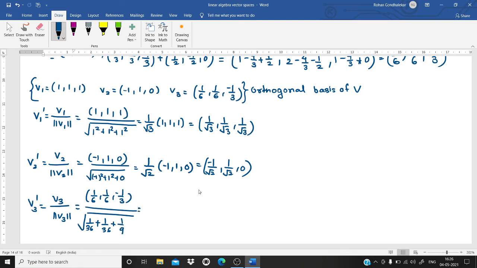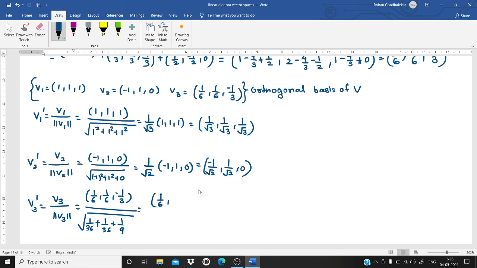So how much is the addition in the denominator part? 1 by 36, 1 by 9. Here we need to multiply by 4. So 9 fours are 36. Of course we need to multiply by 4 in the numerator. So 4 plus 1 plus 1 gives 6 by 36.